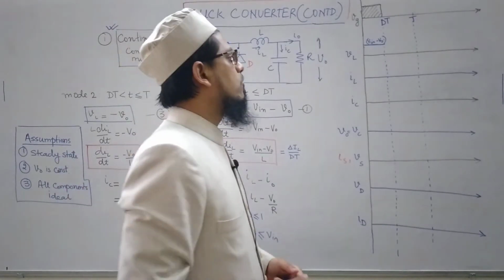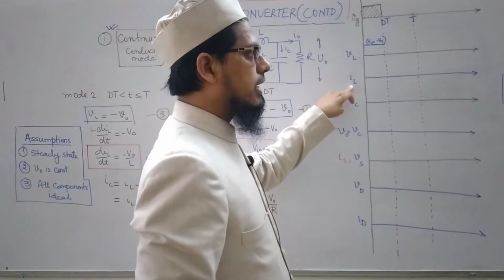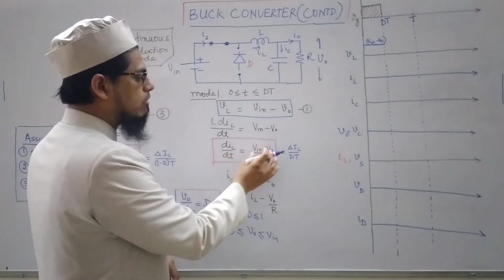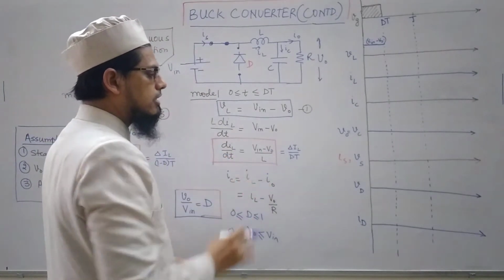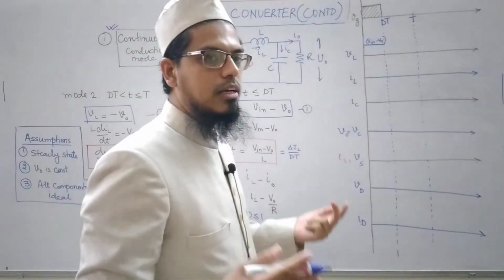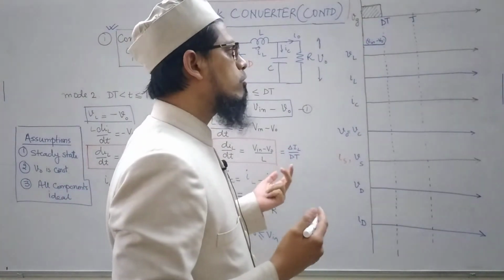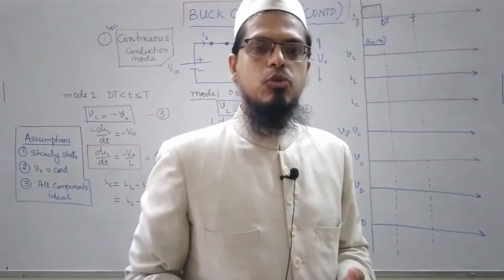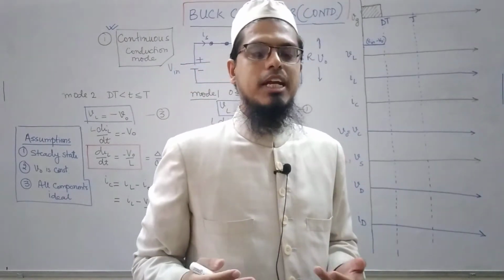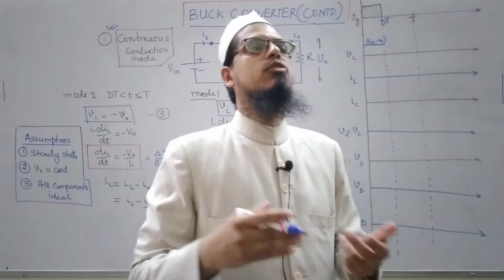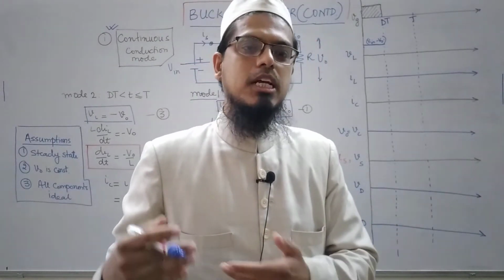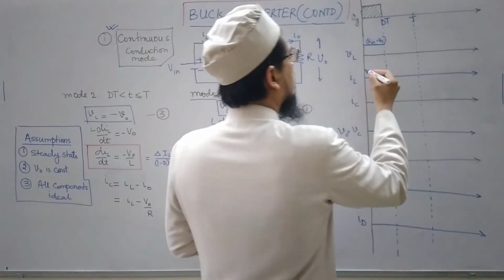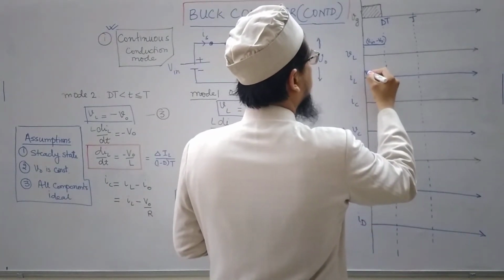Okay, so in mode 1 the current IL, dIL by dt equals this value. That means this is a linearly increasing current, and also we are assuming that the current is in continuous conduction mode. That means it will be starting from a finite value, and after completing one cycle it will come back to that finite value, and the process will go on. So let me try to plot it here.